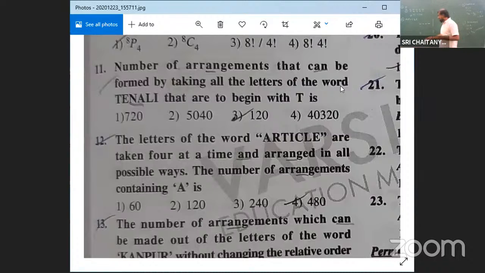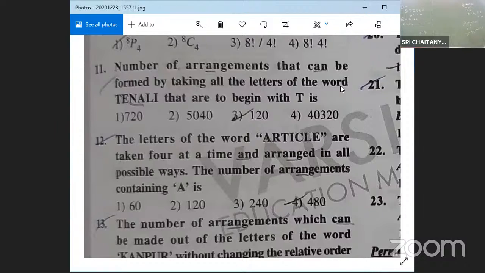So 4 into, right, one place will be occupied by this capital A, then there will be only 3 places. 1 letter gone, so there will be 6 letters, so that can be arranged in 6P3 ways. So 4 into 6P3 is equal to 4 into 6 into 5 into 4. Understood? 6P3 value is 6 into 5 into 4.